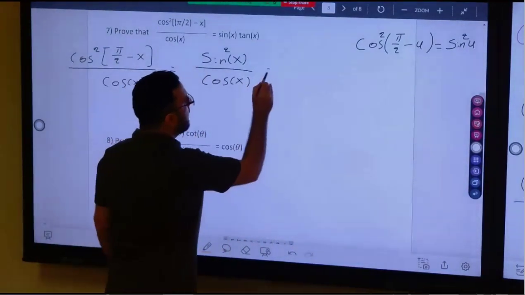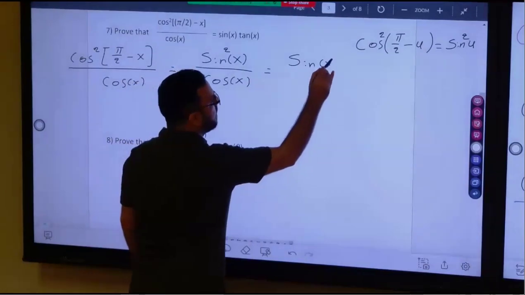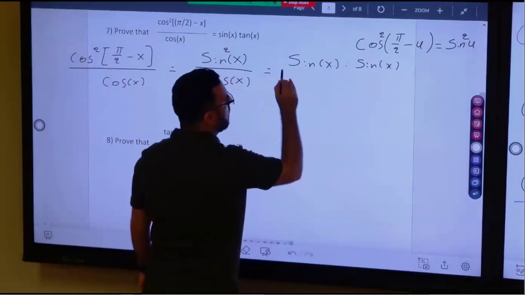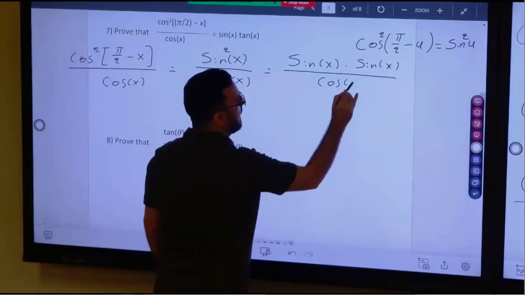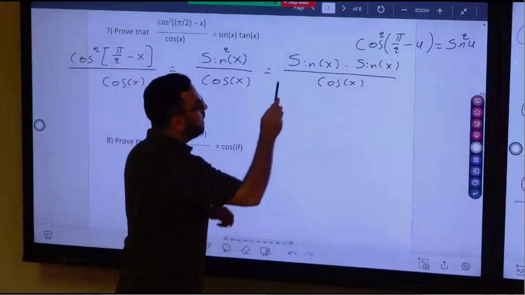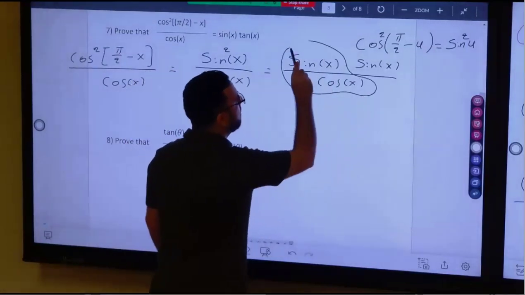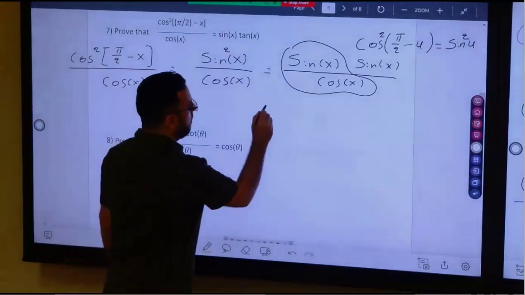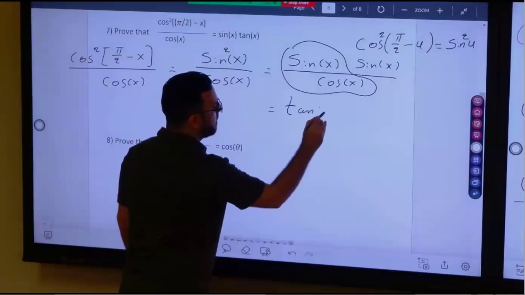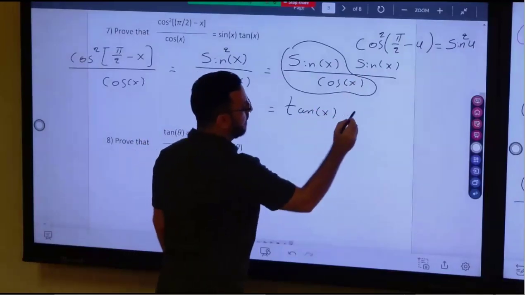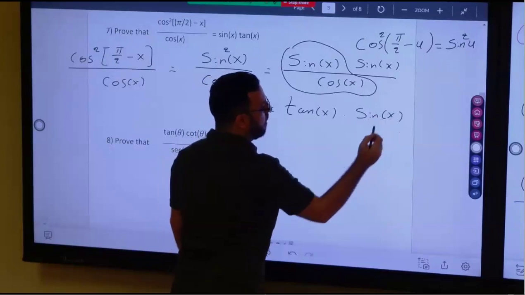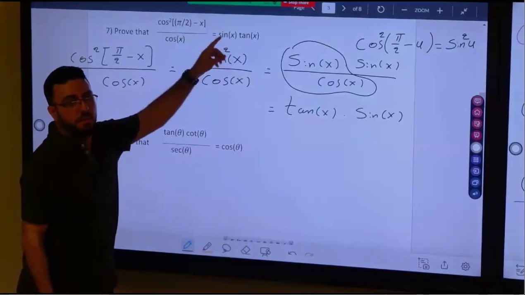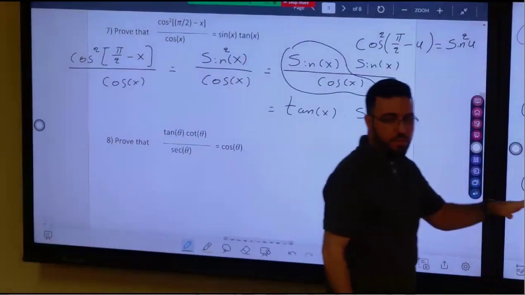Can I write this as sine x times sine x over cosine x? Yes. If you look at this side here, this is tangent. So this one is going to be tangent x, and what's left is sine x. Is that the same thing here? Sure. You got it now?